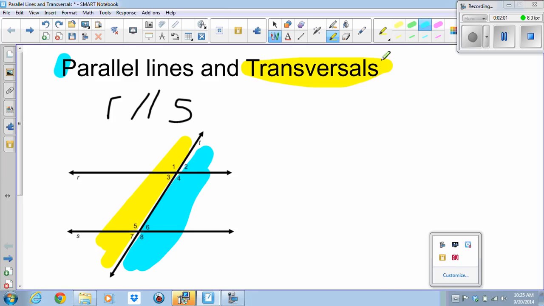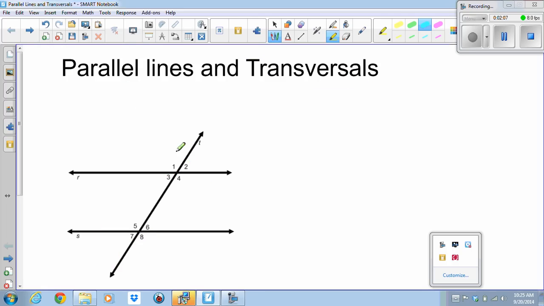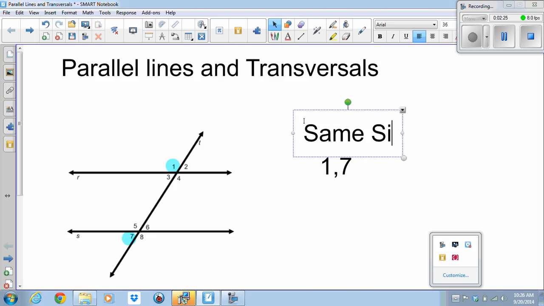All right, so when we get two different angles, let's just say 1 and 7. If we talk about 1 and 7, they are on the same side of the transversal.